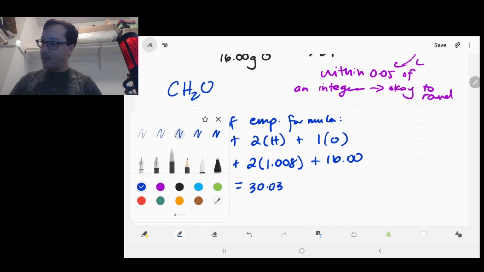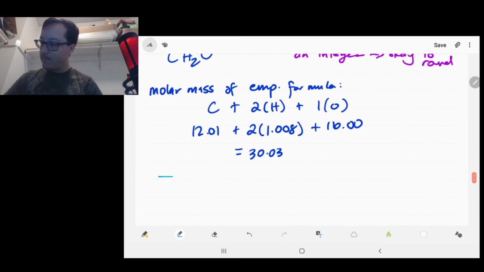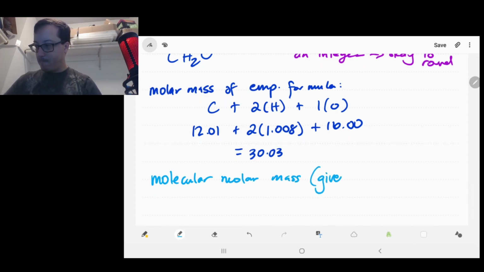If we see our molecular mass, remember that was given. Hopefully we can see here, but let's go ahead and see. Aha!